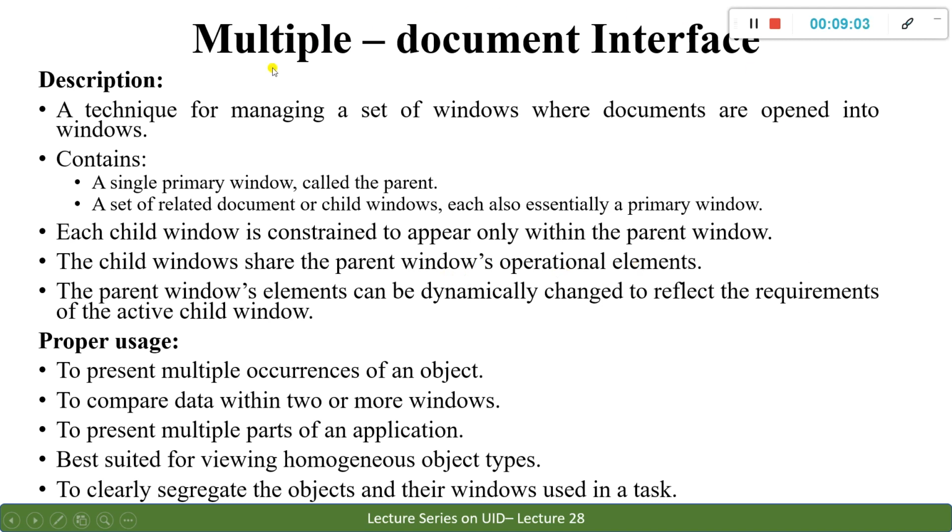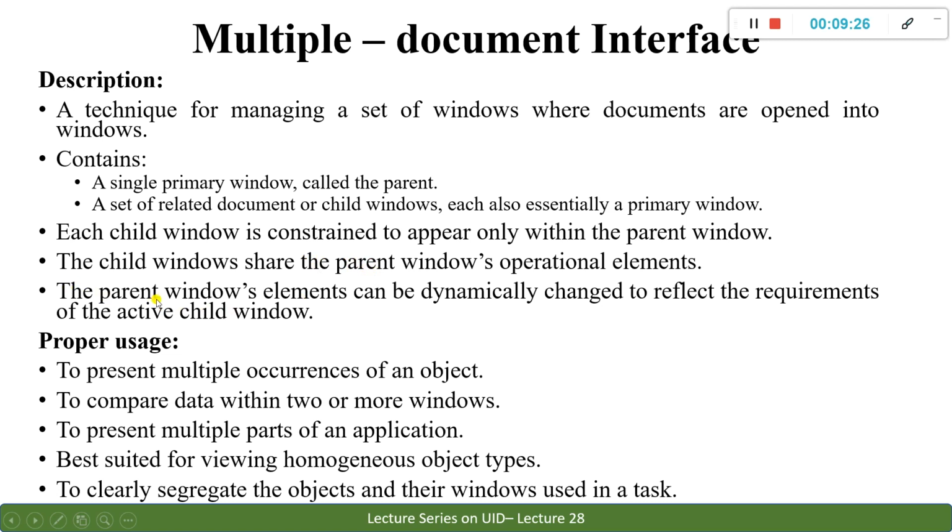What all elements are there in the primary window? Only those operational elements like toolbars and all, only those things are being used by the child windows. So it means that child window is not about a separate window which can be minimized, maximized, all those things, but it does not have any tools of its own. Everything should be taken by the parent only.